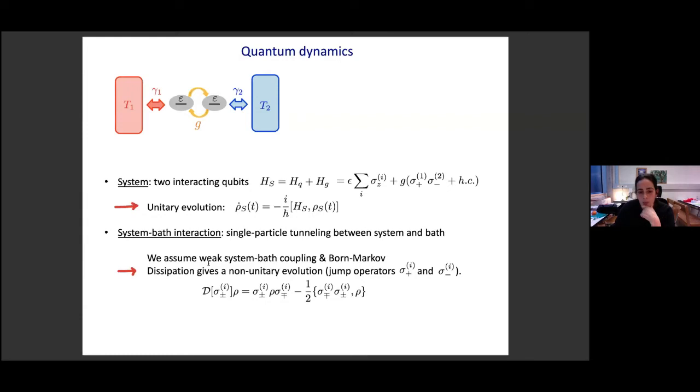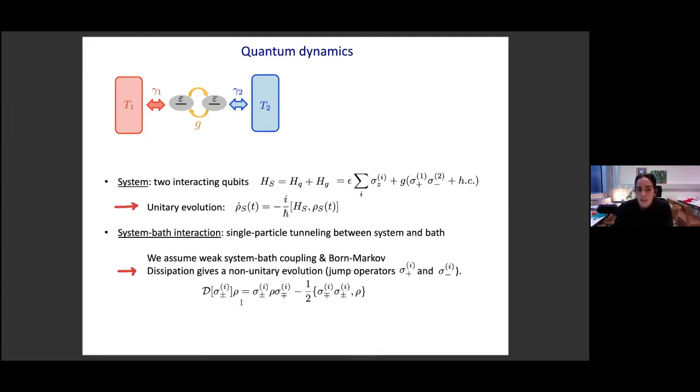In particular, we assumed a weak system-bath coupling and Born-Markov approximations, such that the dissipation is captured by this type of superoperators, which describe the non-unitary evolution, and these are jumps produced by the coupling to the environment.